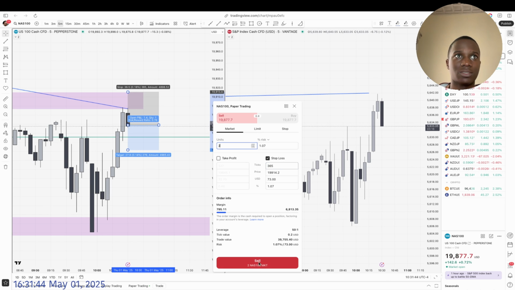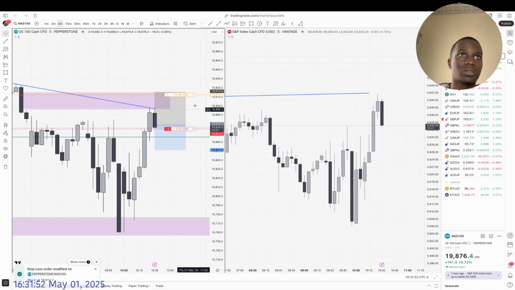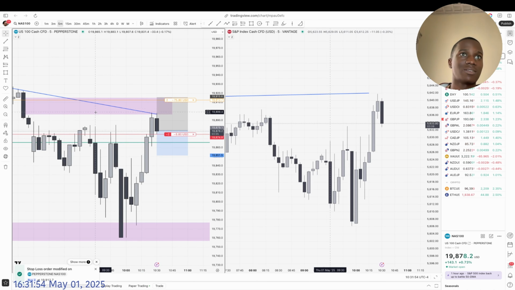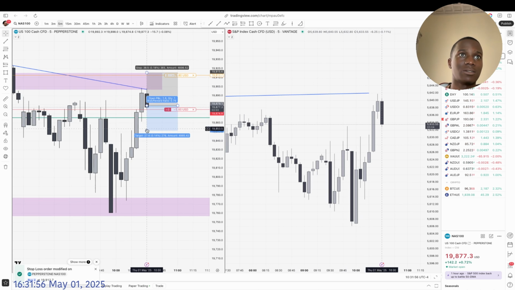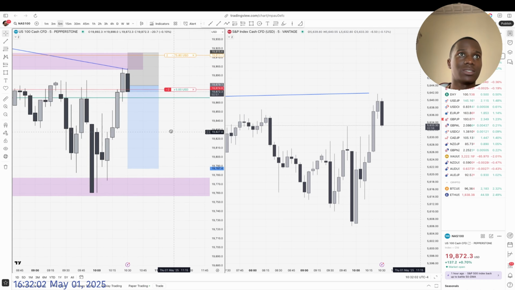Let's risk $70. Right, we've sold it. Stop loss above this fair value gap, and our TP will be heading like at point something right here, heading for the lows.